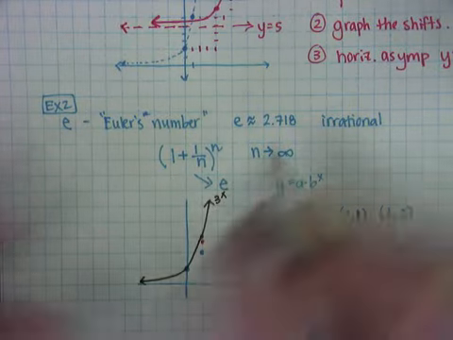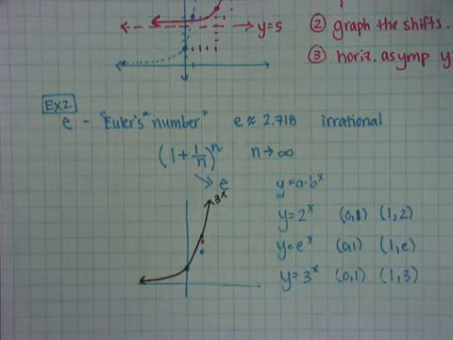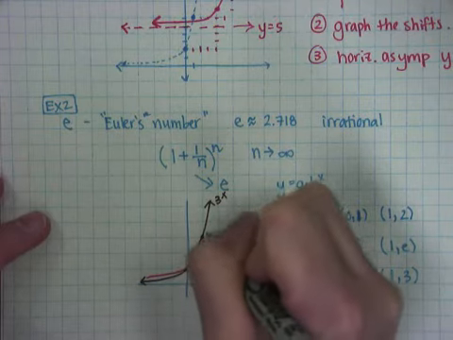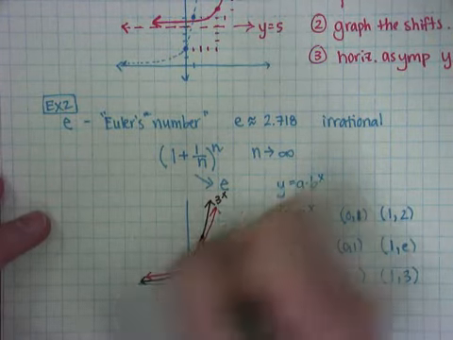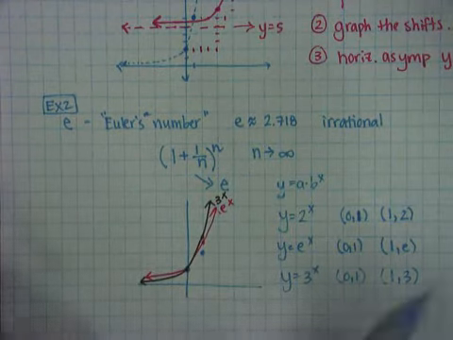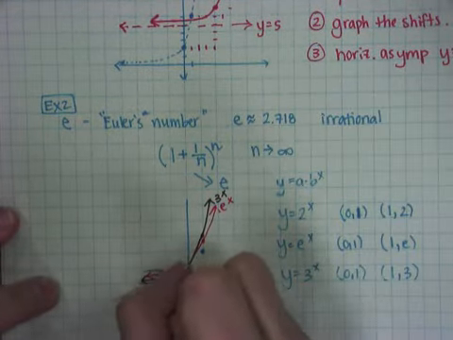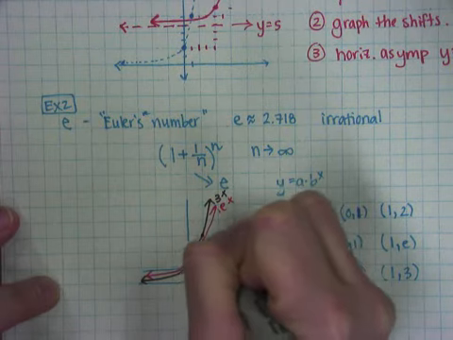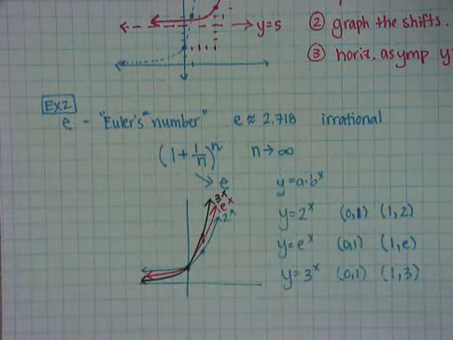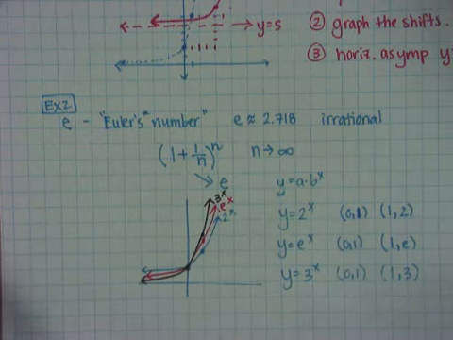So there's 3 to the x. This guy, e to the x, also goes through this point, but it's not quite as steep. And then 2 to the x goes through 0, 1 also, and again is not quite as steep. So 3 to the x just grows faster than the other ones.